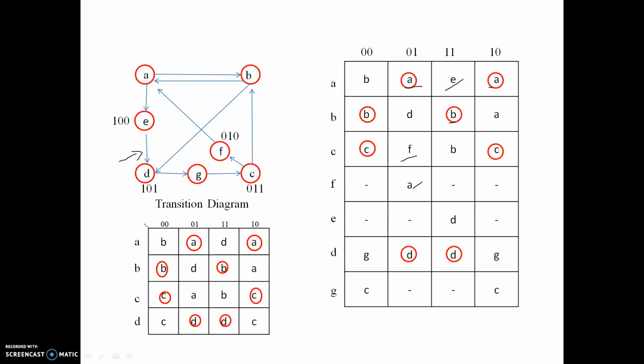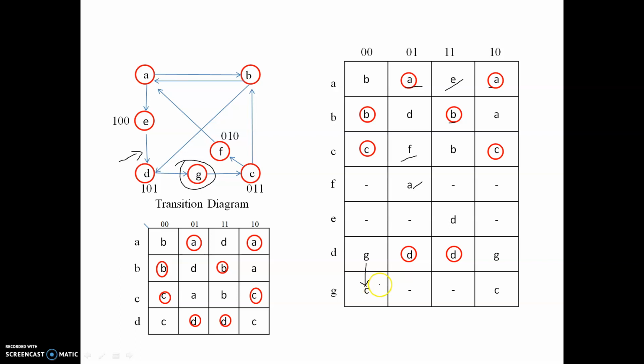Next we go to D. First we have to see that D should go to C with an intermediate state G, and then it goes to C.